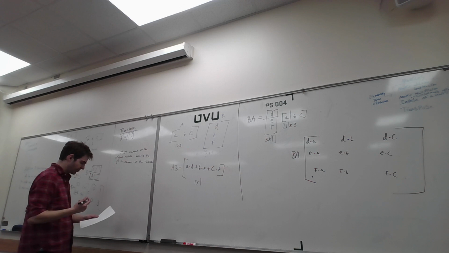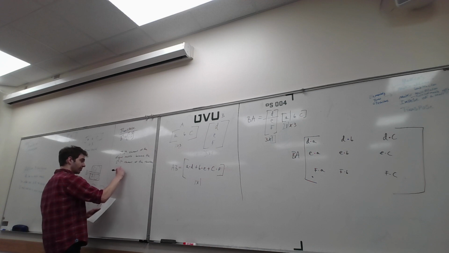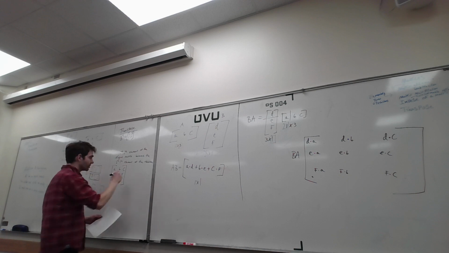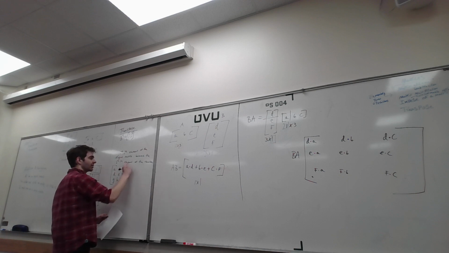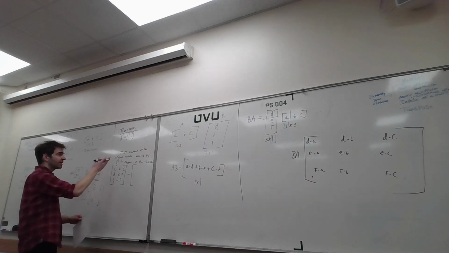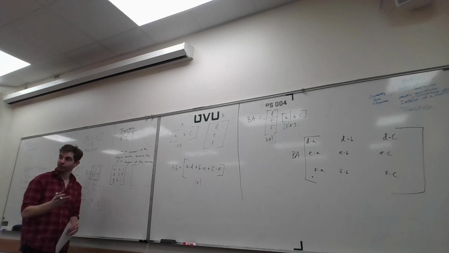So maybe this is easiest to see. We'll just do another example. Say I have some matrix that is A, B, C, D, E, F, G, H, I. The transpose of that is equal to... As I said, the ith, jth element of the original matrix becomes the jth, ith element of the transpose.